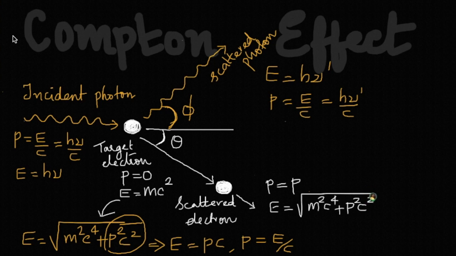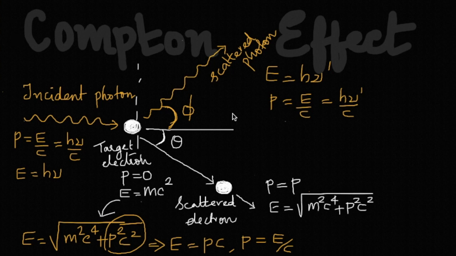So this is the scenario of the Compton effect, that is the collision between a photon and an electron which is at rest. Before collision and after collision we have written the energy and momentum for both the incident photon and the target electron.